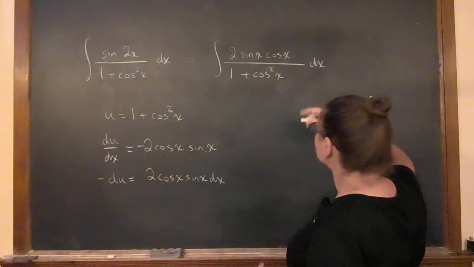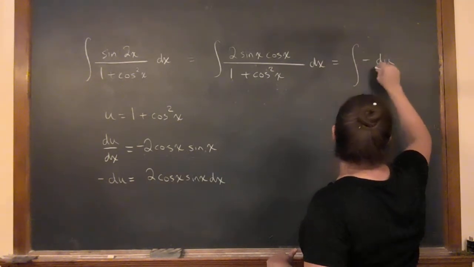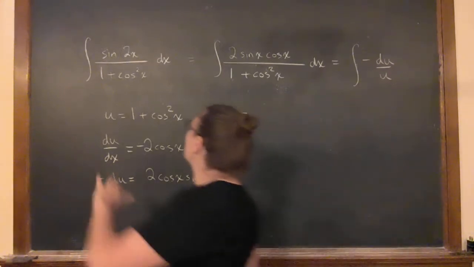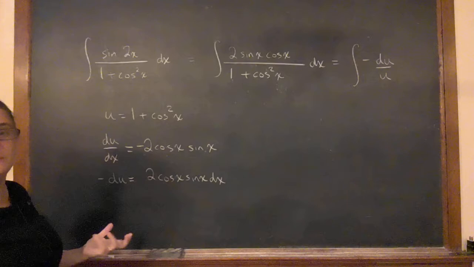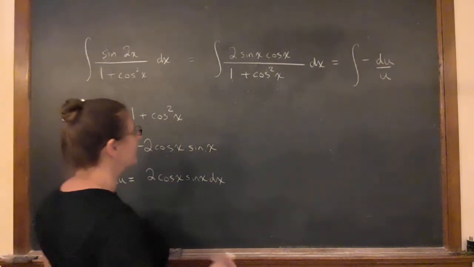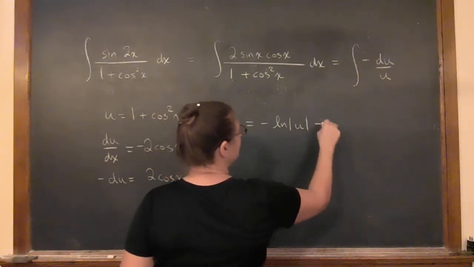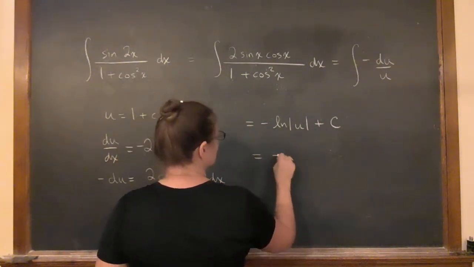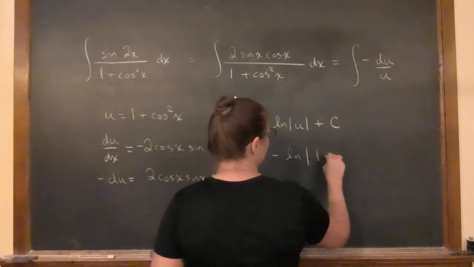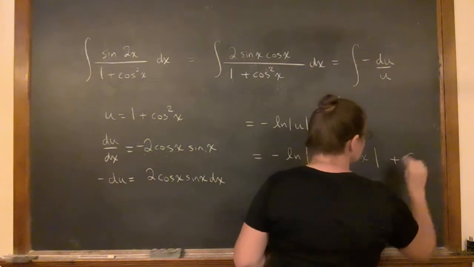So when I put this all in, this integral ends up being minus du over u. So this awful thing turns out to be something very nice. So now this is minus natural log of u. And what did we say u was? u was this whole thing. So minus natural log of 1 plus cosine squared x plus c.